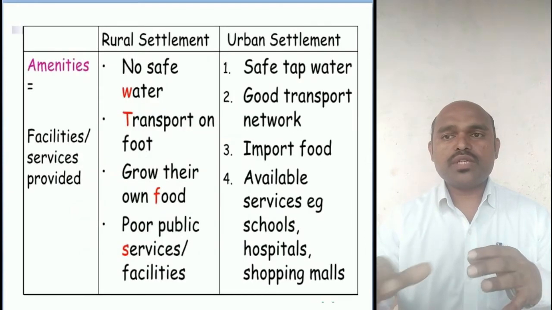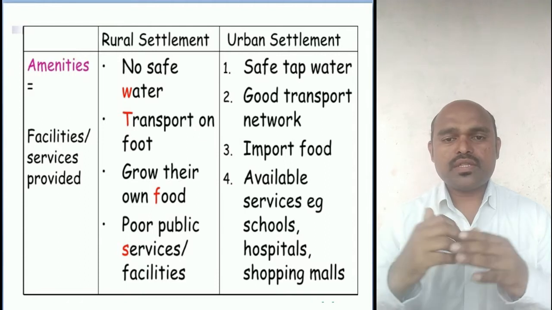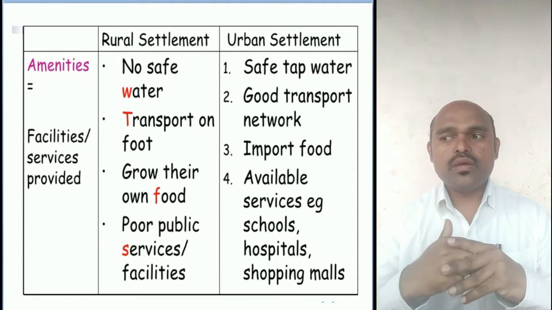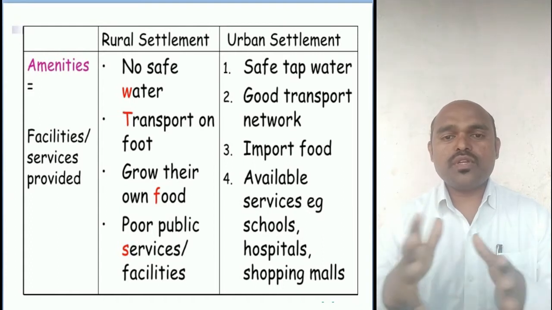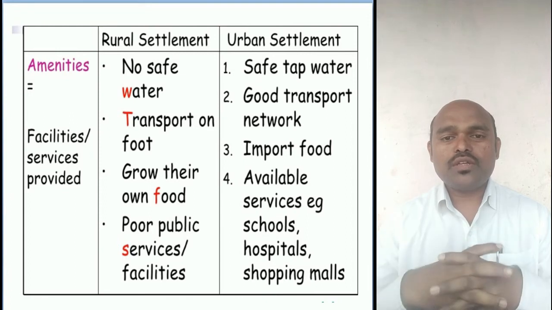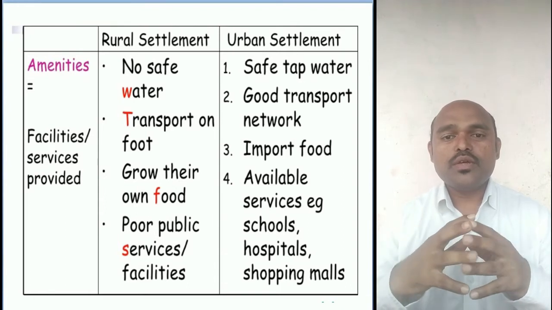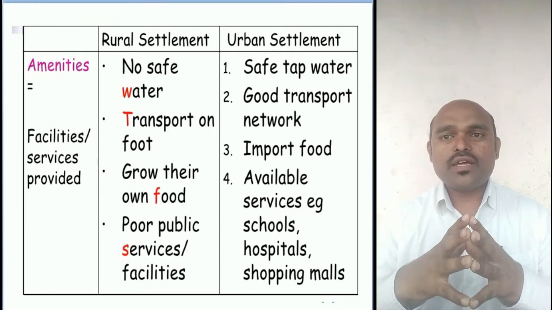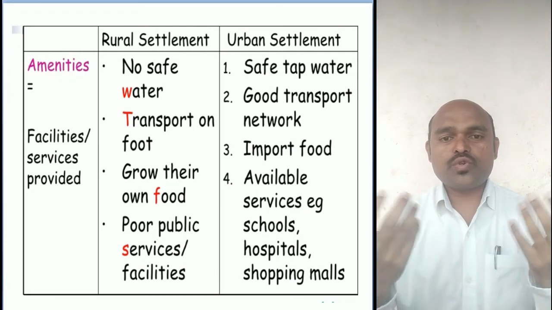In rural settlement we find different settlements, that I will explain further. Now just try to understand the difference between the rural settlement and the urban settlement. Here I have given the differences between them. The amenities which we find in the rural and the urban settlements are totally different.